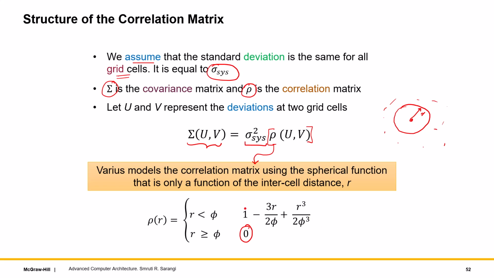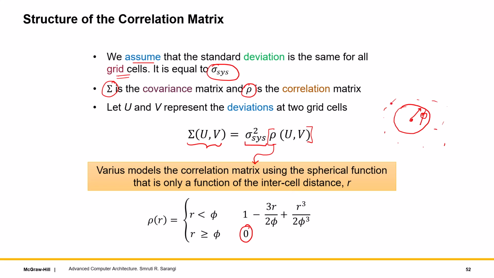that it varies as per this cubic function: 1 minus 3r by 2 phi plus r cubed by 2 phi cubed. Sorry, not within a distance of r, within a distance of phi, I stand corrected. Let me explain that part again.